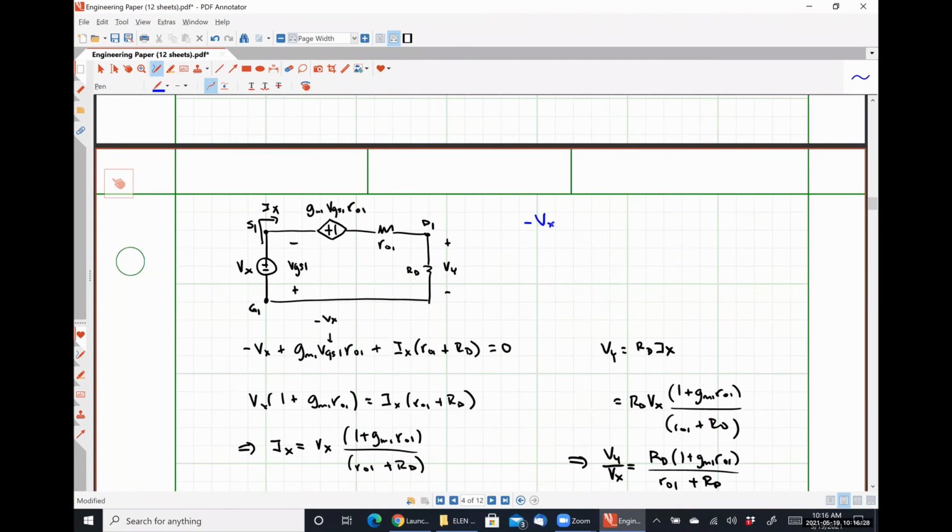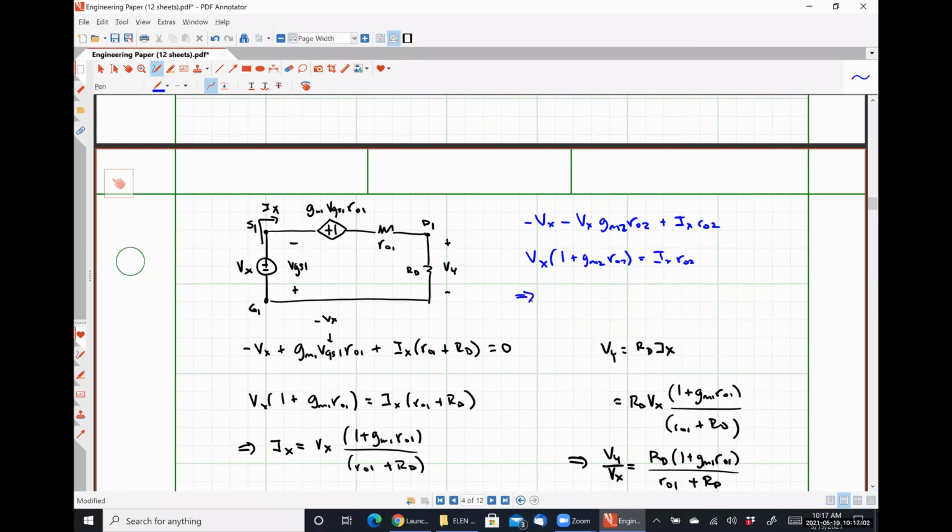We'd have negative Vx minus Vx times GM2 R02 plus Ix R02 equal to 0. So we have Vx times (1 plus GM2 R02) is equal to Ix R02.